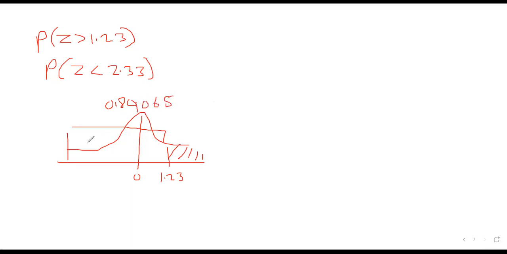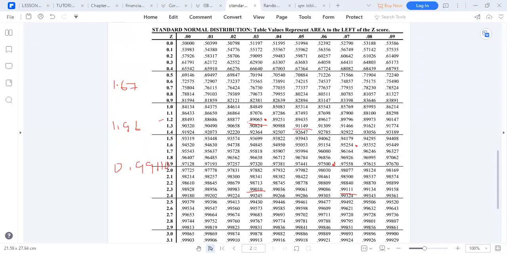I don't understand how the graph is working. Okay, so the readings from the table here are literally giving you the percentages from 0 up to the end.